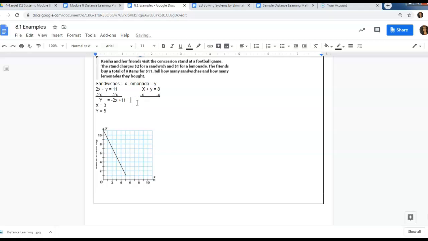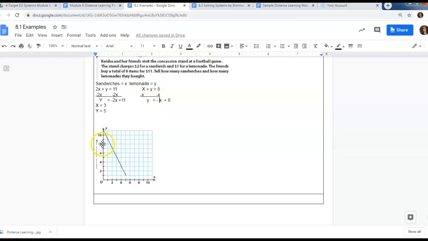And now the x's are going to cancel on this side, so I'm going to have the y alone. So y equals, and remember that in slope-intercept form we usually have the x first, so I'm going to have negative x first. The 8 is positive, so I'm going to put plus 8. So that means that the y-intercept is 8, and the slope doesn't have a number here, so that means it's negative 1.